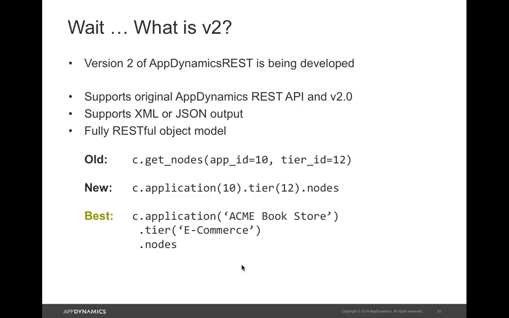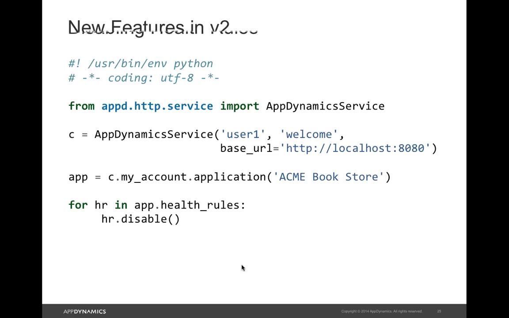So one of the new features in the REST API is to get the license usage, so one of the first things I added to the new SDK. In the new SDK, we support a whole bunch of new features. You can get a list of tenant accounts if you run multi-tenant. You can get a list of users. You can get policies and health rules, enable and disable them.